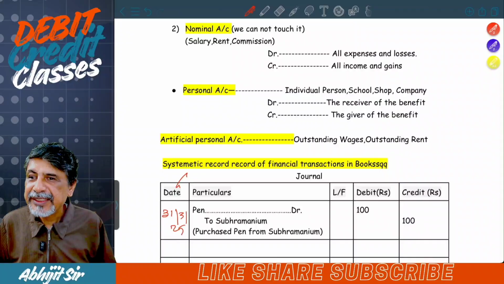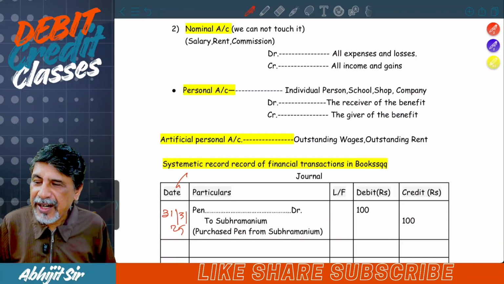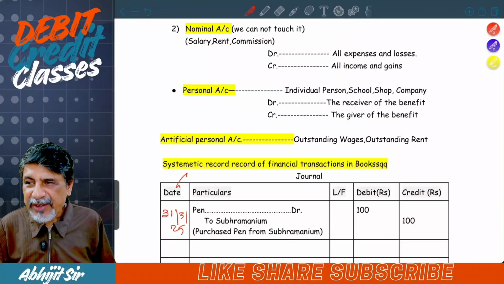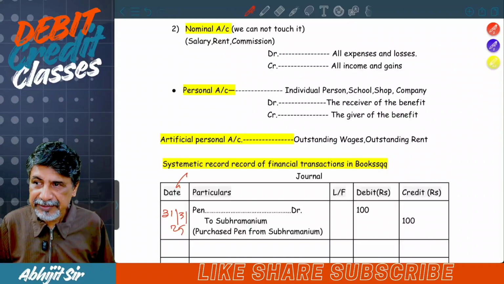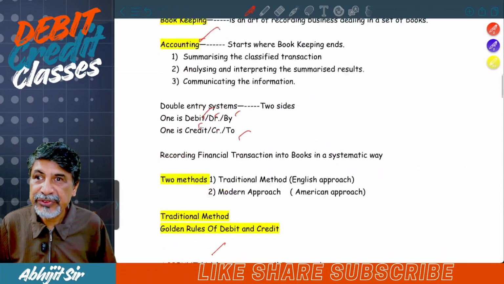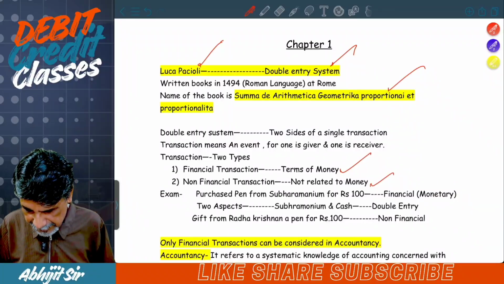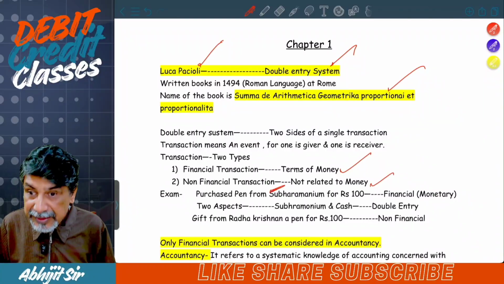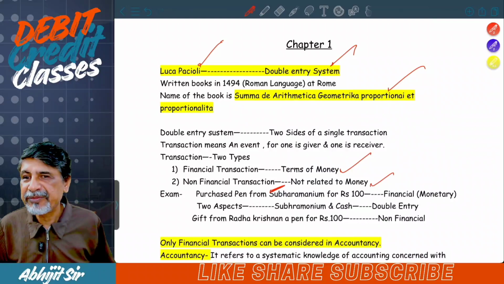Our transaction is: purchased pen for rupees 100 from Mr. Subramaniam. There are two aspects, Subramaniam and pen. I have said this earlier. Understand? So here, double entry, to serve the example, purchase pen from Subramaniam rupees 100 is a financial transaction.